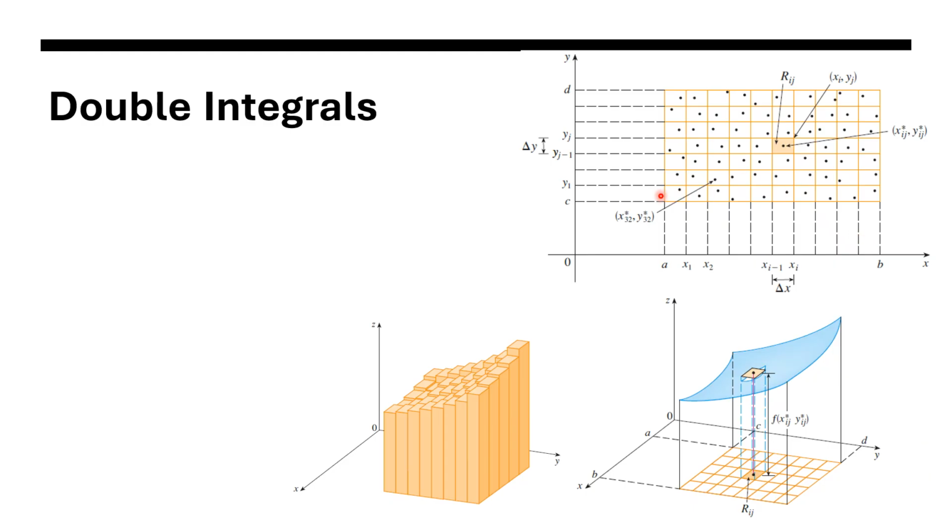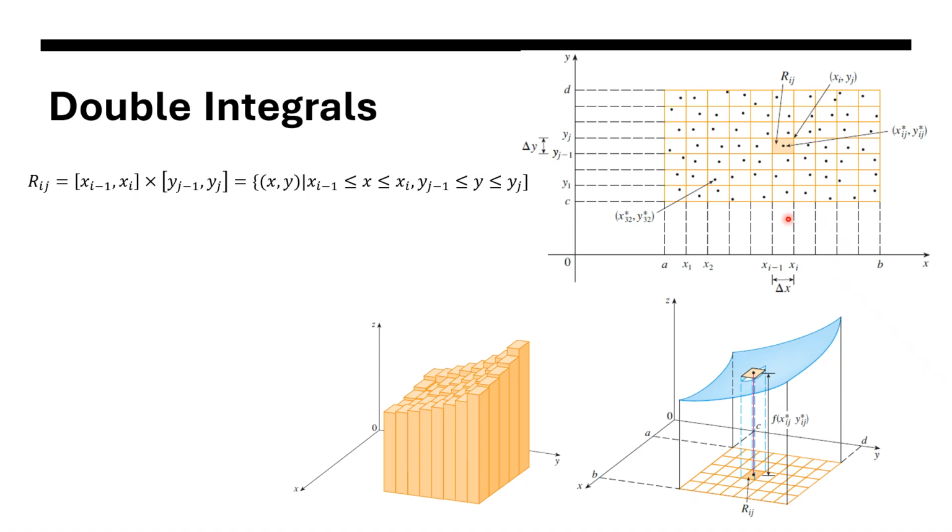At the same time, we can determine the width of these boxes or rectangles by subtracting c from d and dividing by the number of subintervals, for example n. So in other words, any of these rectangles can be represented by this one.